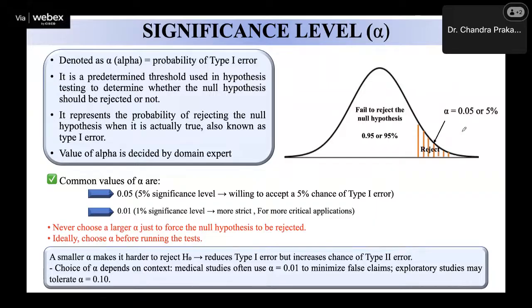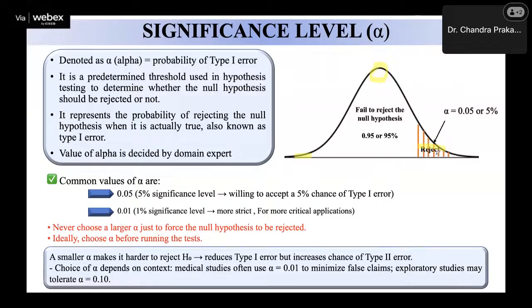It is a predefined threshold used in hypothesis testing to determine whether the null hypothesis should be rejected or not. The data point over here, the value is more, so the confidence is also more. The mean value is more, and the points over here represent the probability of rejecting the null hypothesis when it is actually true.